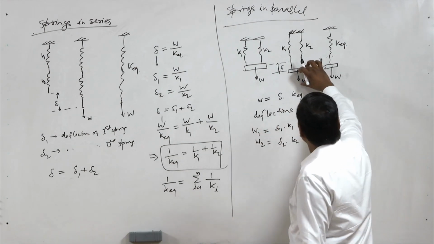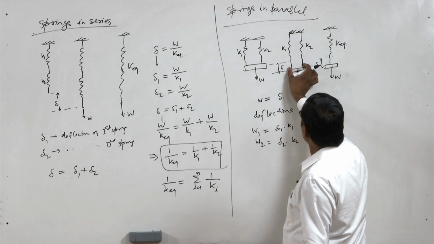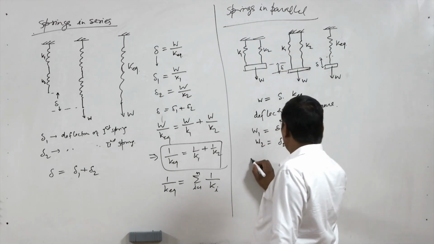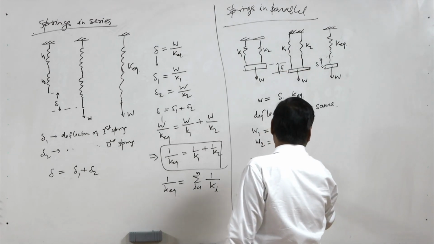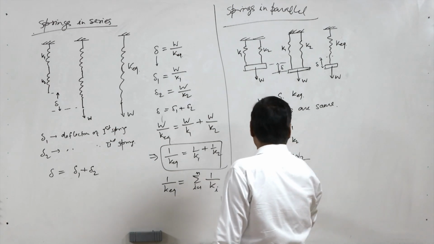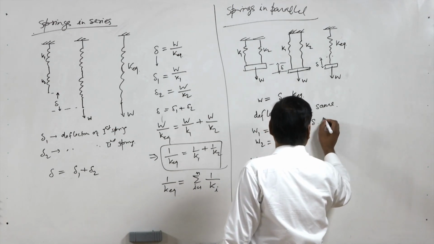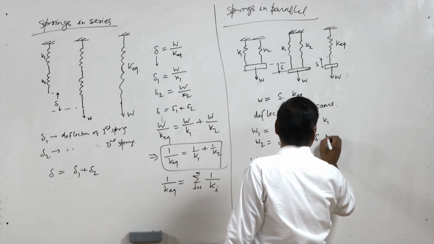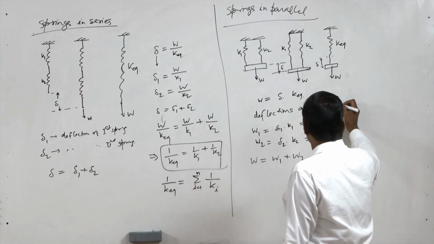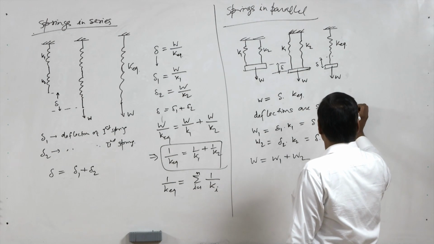Moreover, this W is borne by the two springs, so W equals W1 plus W2.